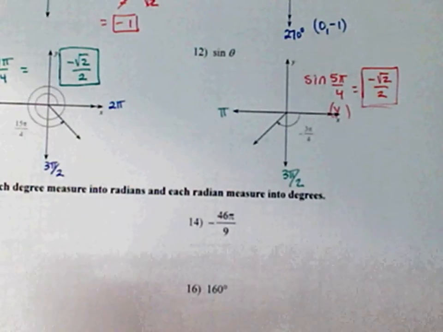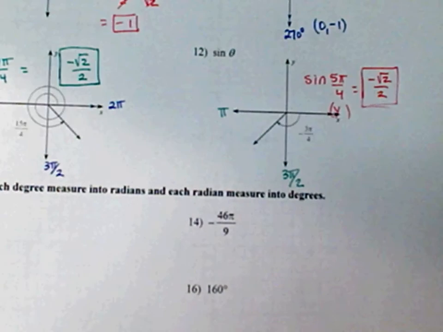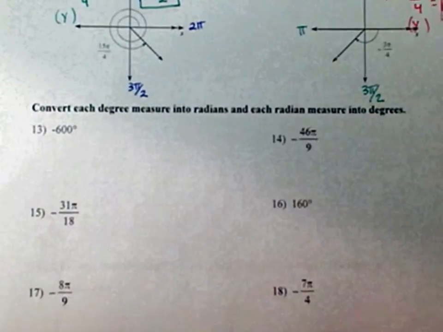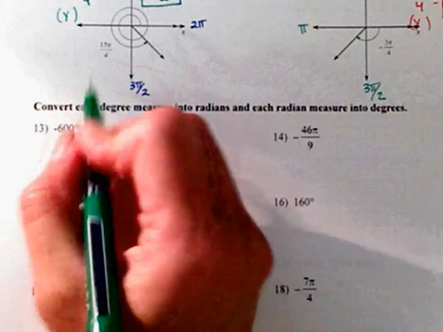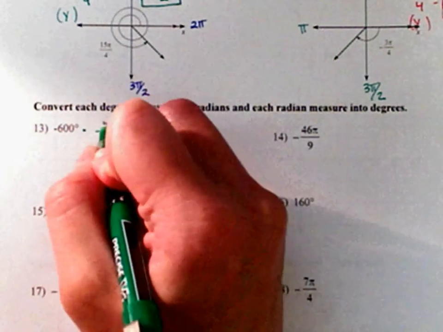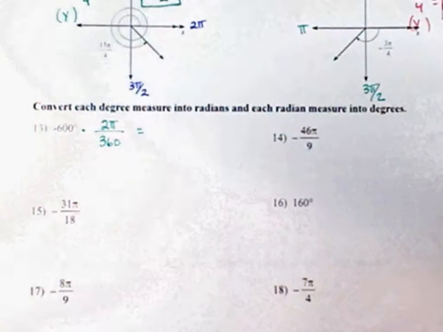Okay? Alrighty. Now we're going to convert each degree measure into radians and each radian measure into degrees. So, if I'm starting off with degrees, I want to get rid of degrees, so I'm going to say 360 is the same thing as 2 pi. Just like that. Okay?